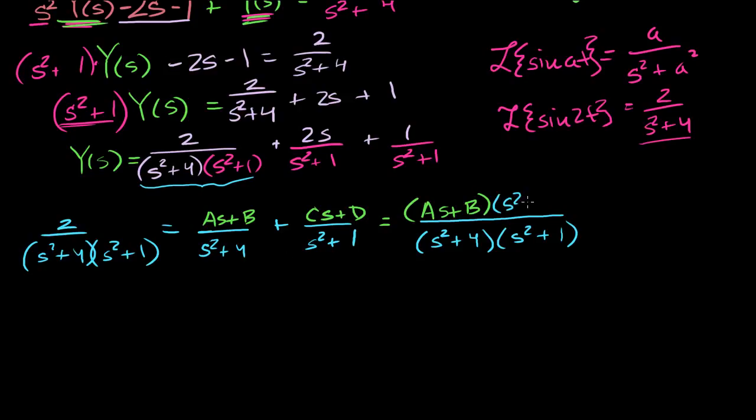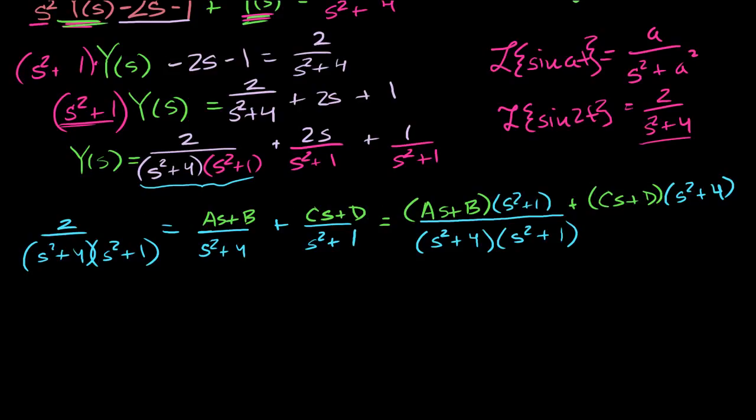As it's right now, if these two terms would cancel out, you'll just get this term. But I need to add it to this right here. So you get plus cs plus d times s squared plus 4. And now let's see what we could do to match up the terms here with this number 2 right here. So let's multiply all of this out.